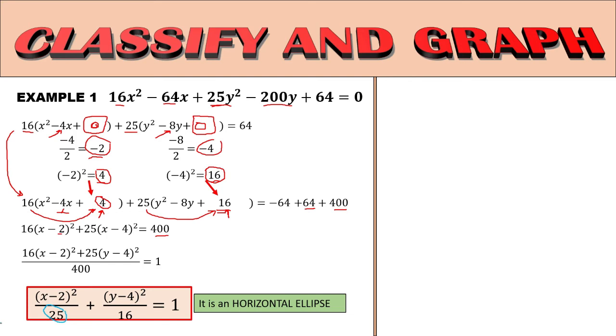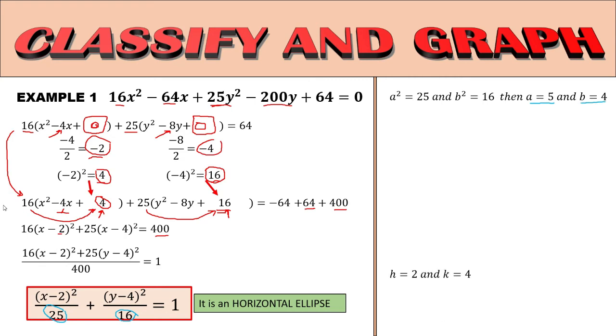And a squared is the denominator that includes the x variable. That's the reason it's horizontal. Now, a squared is 25, b squared is 16. Then the square root of 25 is 5, the square root of 16 is 4.